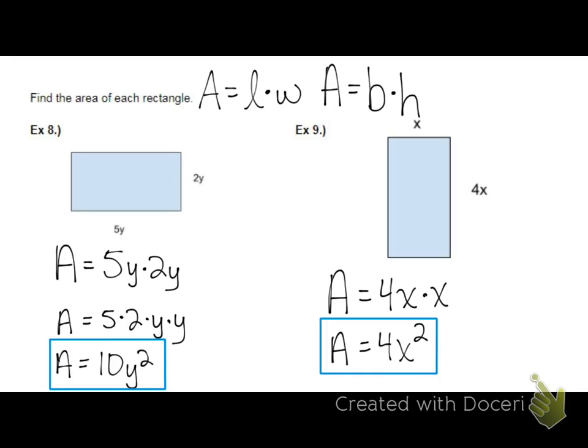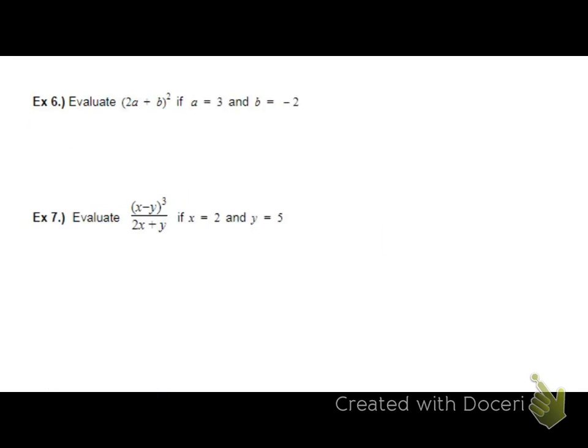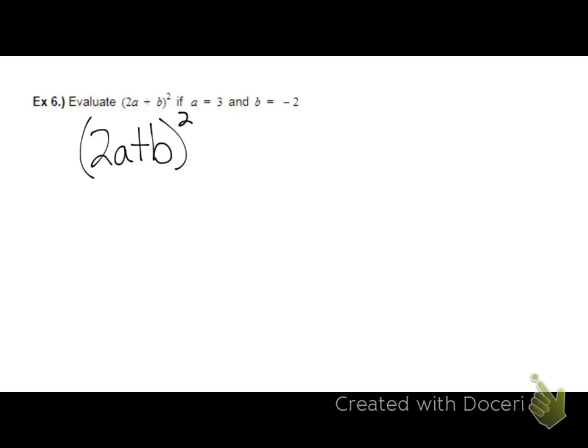Before we get into our homework worksheet, I am going to go back to these problems. I'll write them a little bit bigger. I would recommend getting them copied down in your margins somewhere. 2a plus b squared. A is equal to 3. B is equal to -2.